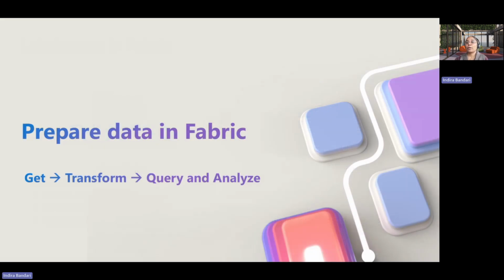Moving on to how to prepare data in Fabric. This is a high level and is the bulk of the skills an analytics engineer performs. In Power BI, most of your prep happens in Power Query and the data model, often in a single report.